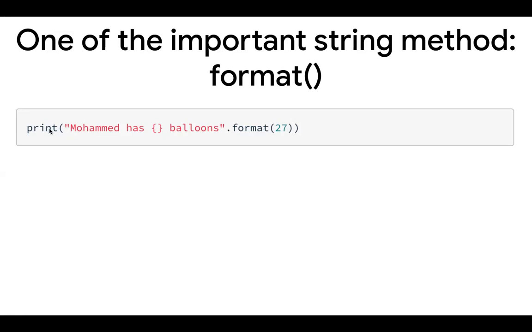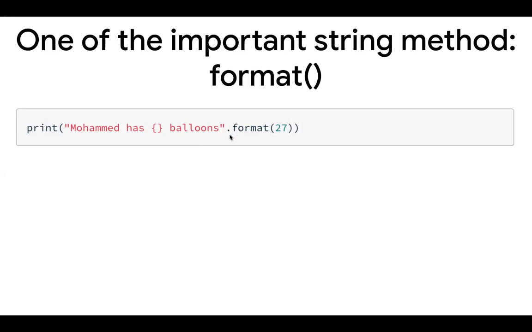For example, we want to print the statement, Mohammed has some balloons. The curly brackets are an important part of the format method, because they specify where we want to include the variable. So what do you think would be the answer?